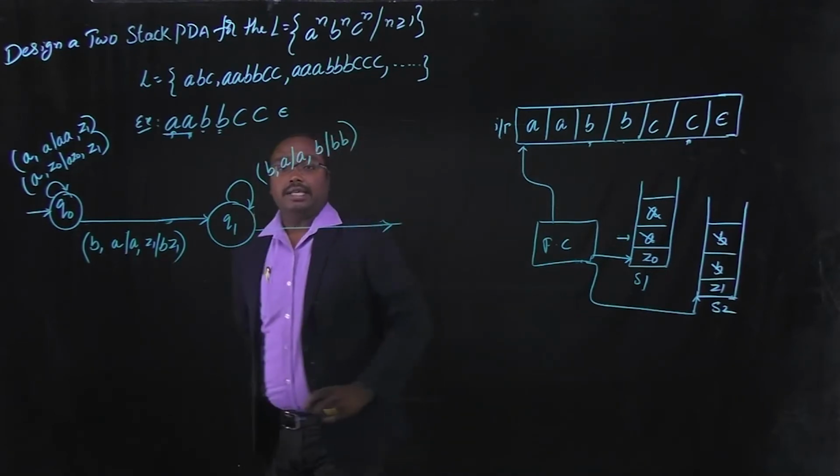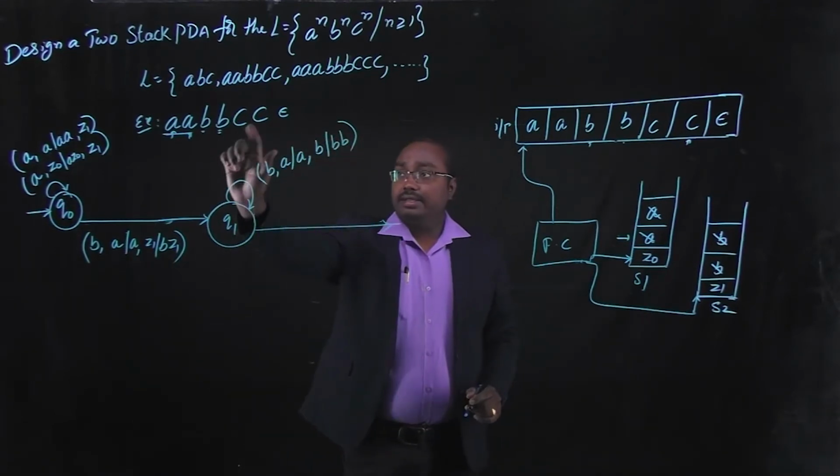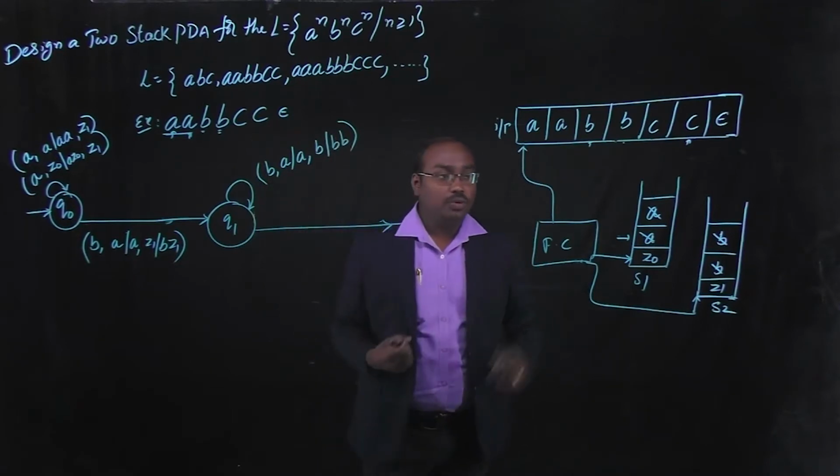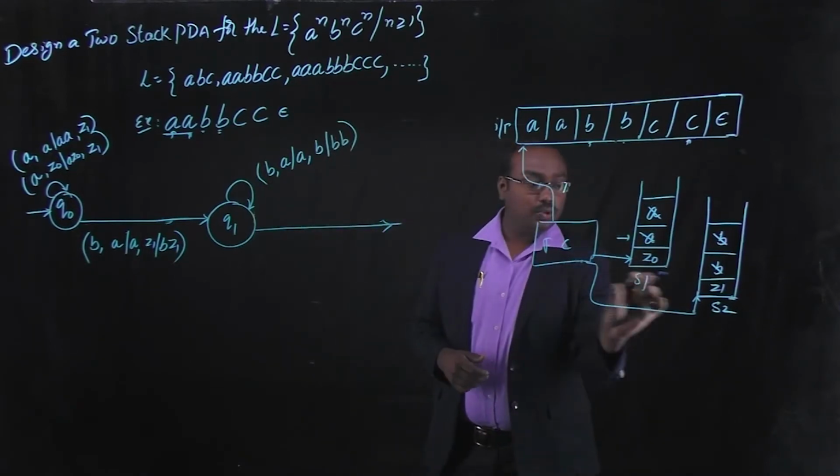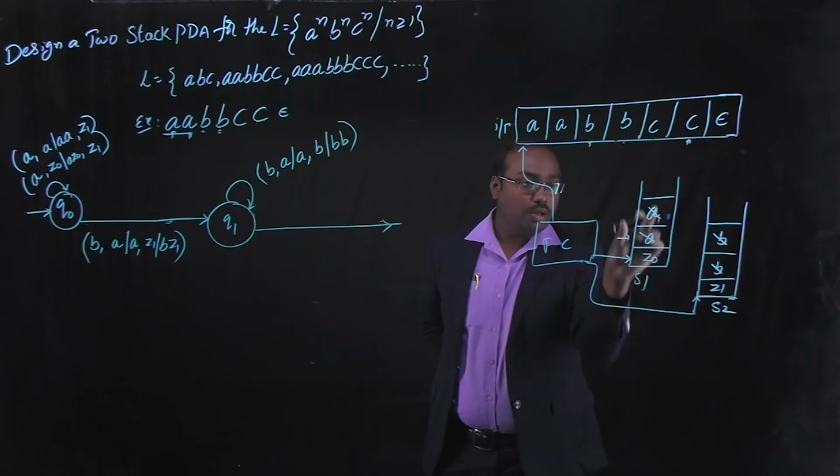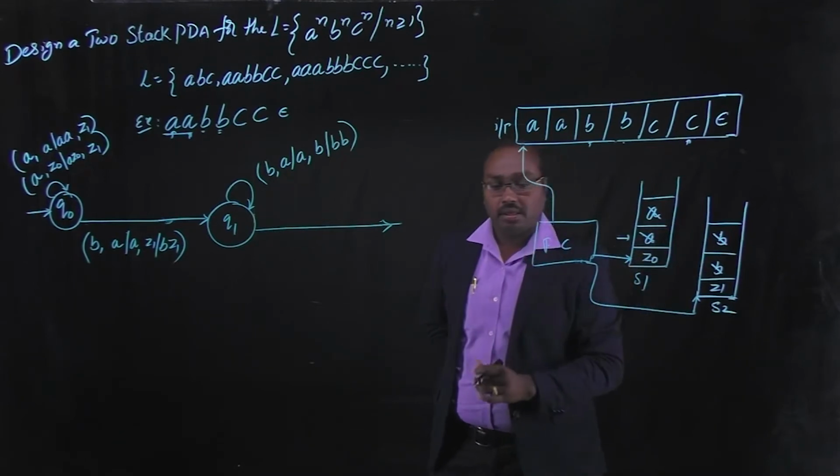For every C, what next? For every C, we can remove one element from each of the two stacks. We can remove the top of the elements from the stacks.